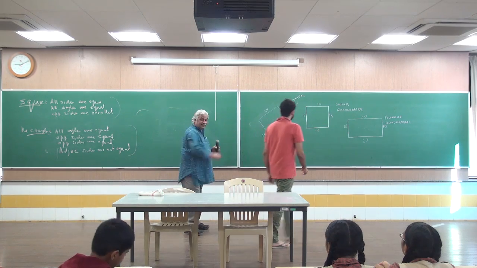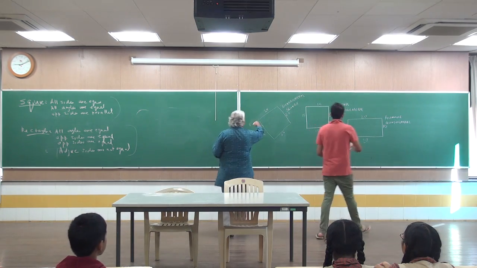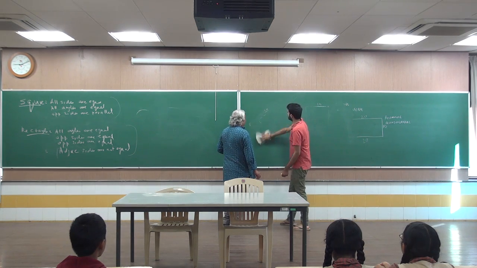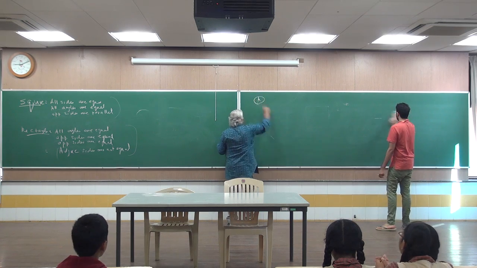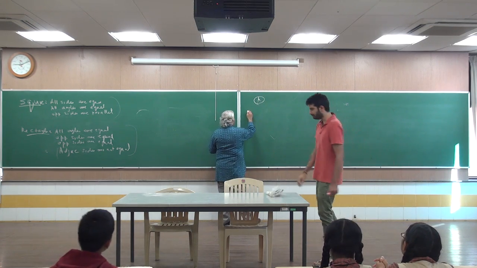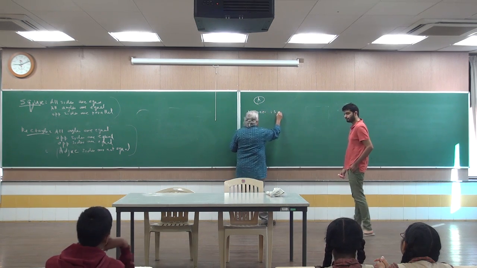Okay, shall we erase this? We don't need the pictures anymore. There are two positions. Position A, which is what you're saying: A parallelogram is a quadrilateral.